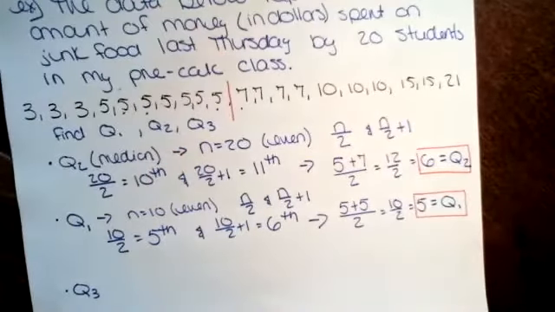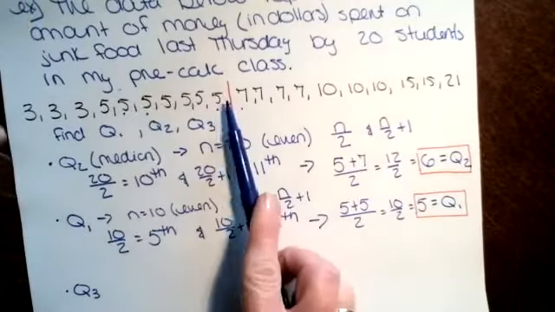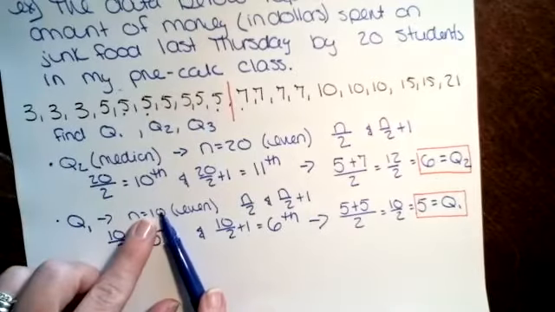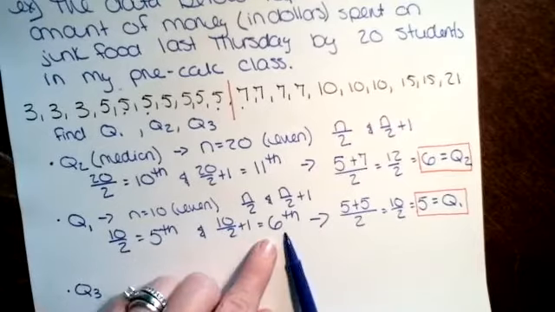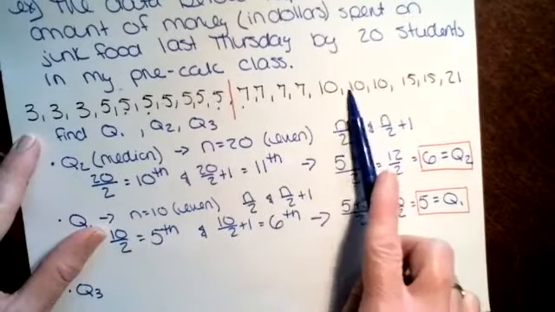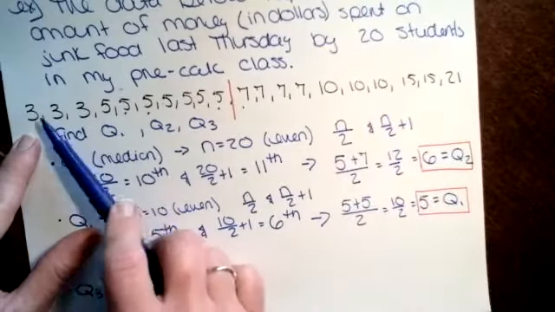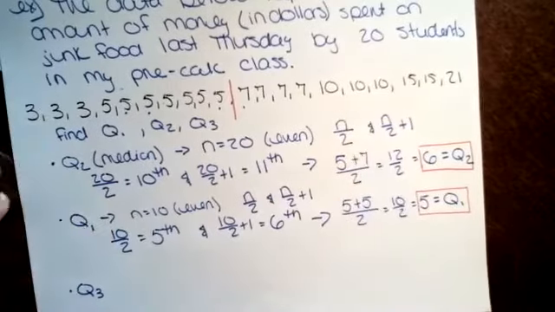Or the bottom half was the 5th and 6th, and I have 10 data values here, right? So I could take that n, that 10, and add it to 5 and to 6 to get the 15th and 16th, because that's where I'm going to be up here. So 2 ways: 5th and 6th, or 10 plus 5th and 10 plus 6th to give me the 15th and 16th.